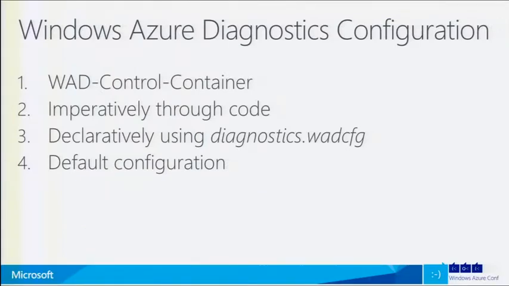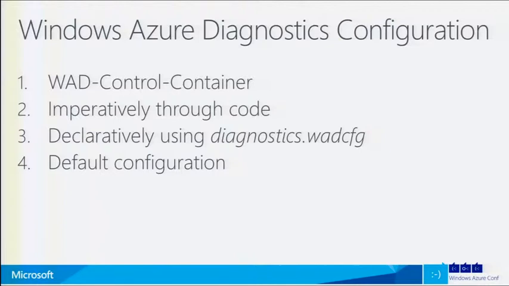By default, this is the precedence, the order of configuration for Windows Azure Diagnostics. When your instance and your cloud services start up in Windows Azure, the first thing it's going to do is look at the WAD control container and look for a file that exists already for your deployment. The containers that were listed were all deployment IDs out in our storage account, so those identify our specific deployment. So it's going to look for a container that is your deployment.